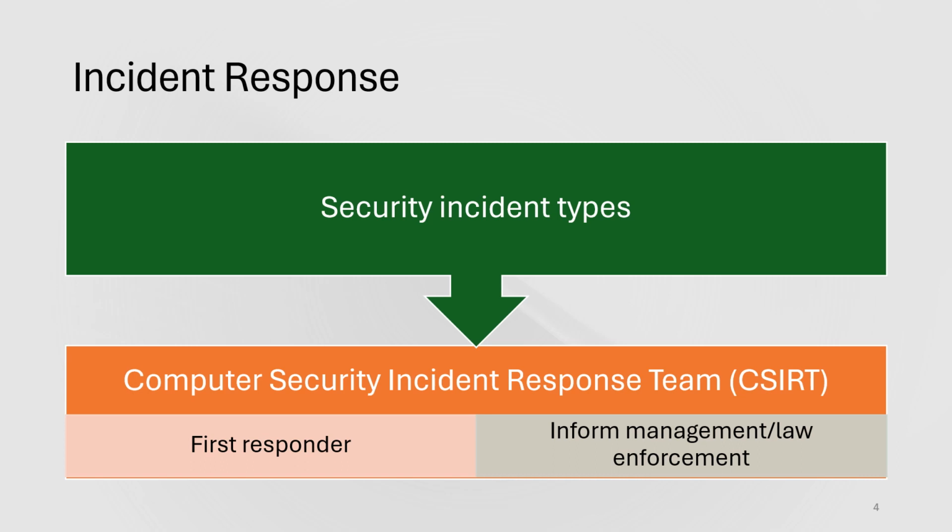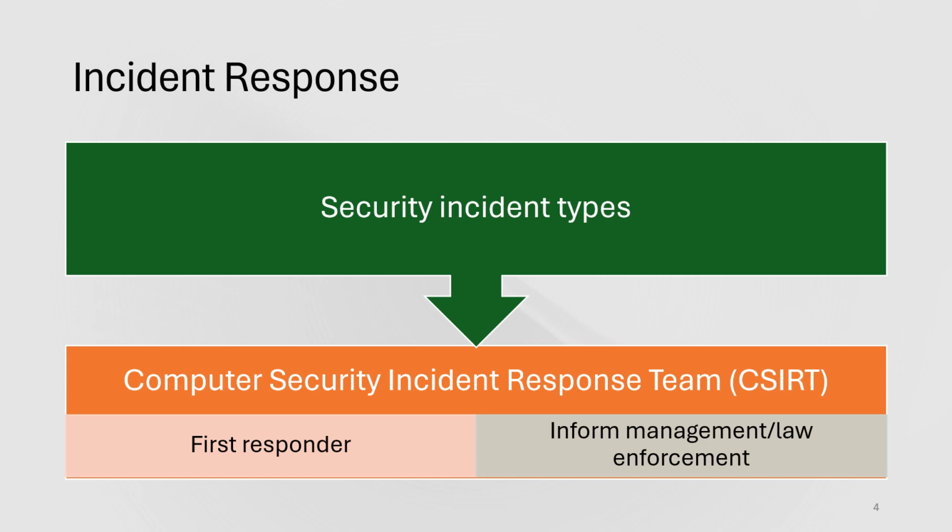Notification and escalation. This is the timely notification, which is critical to minimize damage and facilitate investigation. The notification and escalation route should be predefined based on the severity of the incident. And this may involve 1. Initial notification, where the IT security team or designated point of contact is alerted. 2.